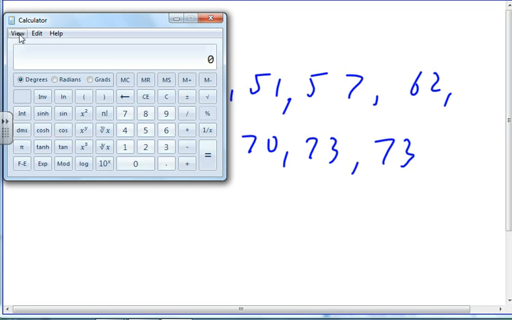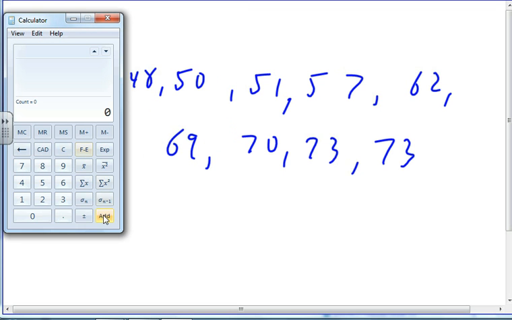View, scientific, view, statistics. 48, 50, 51, 57, 62, 69, 70, 73, 73. Okay, so I've added all my data.